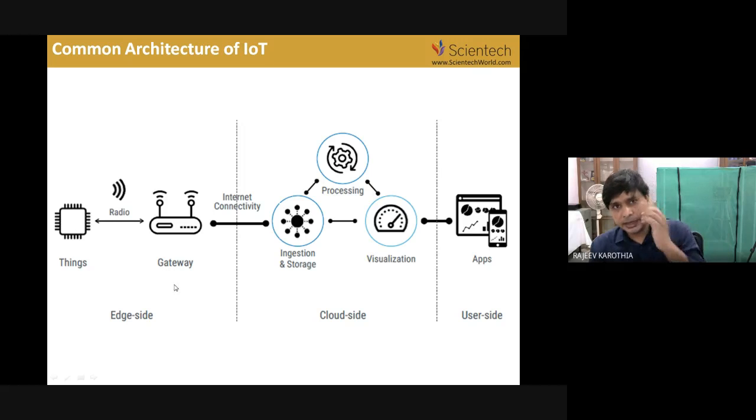So this IoT basically involves these three segments, where at the edge side we have hardware measurement, at the cloud side we have software with provision of analysis, visualization, processing, and at the user side we have application software. With this you can get the information of your process.